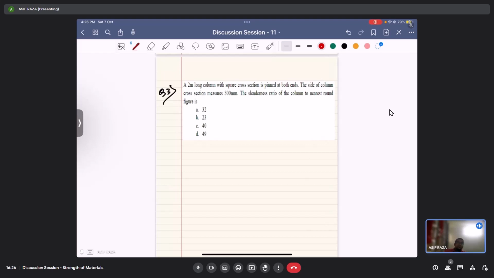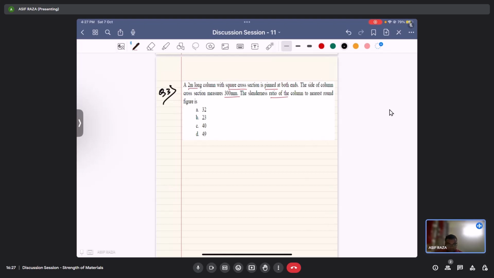Let's start doing these questions. The first question is: a 2-meter long column with square cross section is pinned at both ends. The side of the column cross section measures 300 mm. The slenderness ratio of the column to the nearest round figure is.